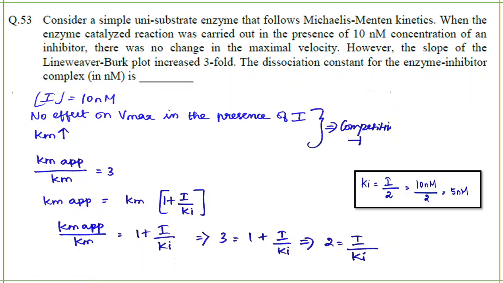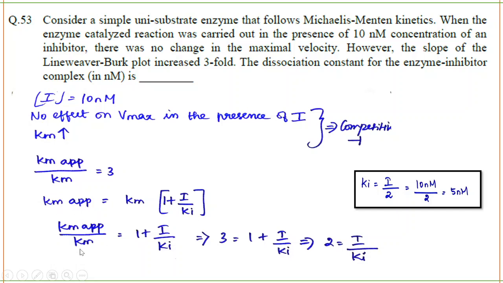So the dissociation constant of the enzyme inhibitor complex, they're asking you the Ki value. So Km apparent divided by Km is 3. Threefold increase. So Km apparent will be equal to Km into 1 plus I by Ki.